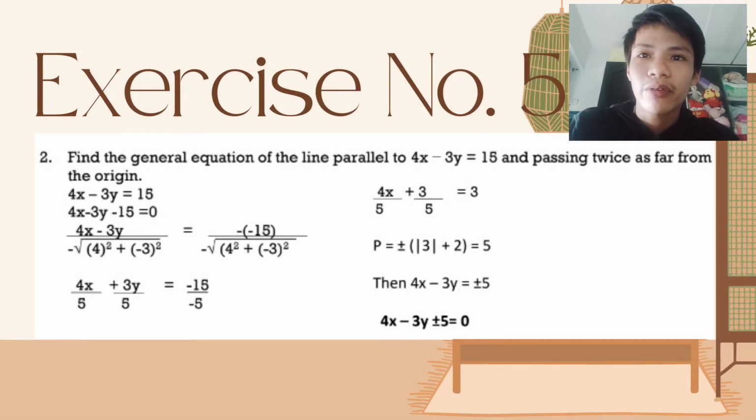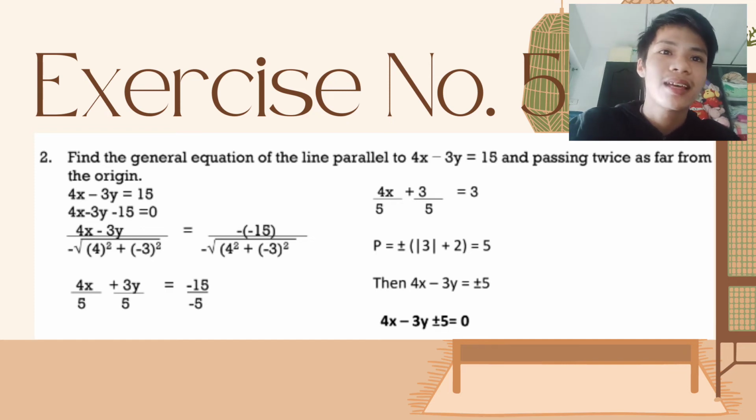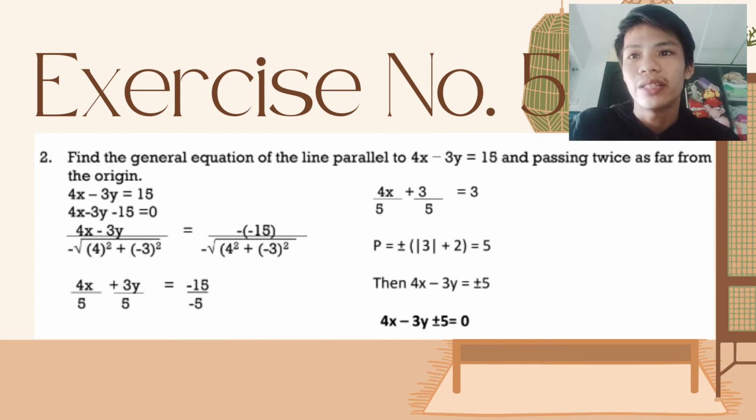So, sa number 2, find the general equation of the line parallel to 4x minus 3y is equal to 15 and passing twice as far from the origin. So, 4x minus 3y is equal to 15. Substitute natin: 4x minus 3y minus 15 is equal to 0.